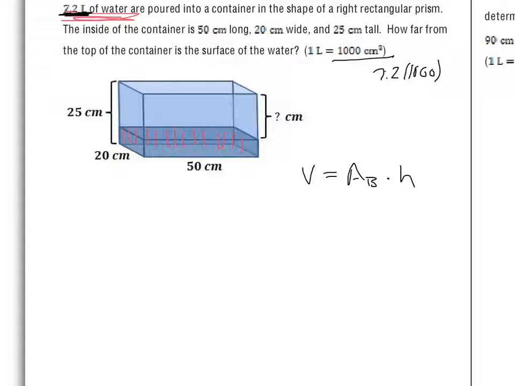I'm going to multiply, and that's going to give me 7,200. And again, this is the volume of the water, so I plug this in for volume. The area of the base, go ahead and find the area of the base.